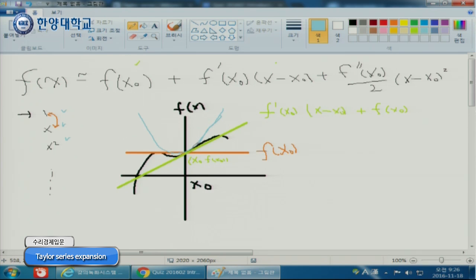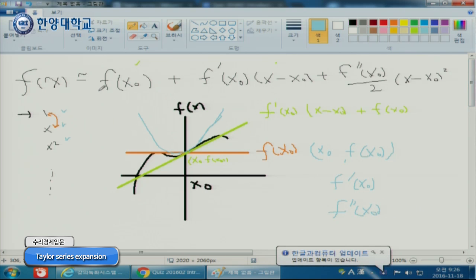Because it is also tangent, first it passes this point. Second, the slope is the same. Third, even the curvature is the same. Even the second order is the same as this one. So at this point, it passes the same point, and its slope is f prime x0. And because we can now bend, we can make the curvature the same. So, well, the curvature should be f double prime x0.